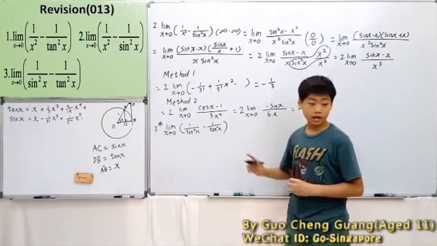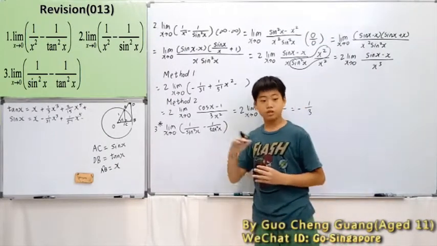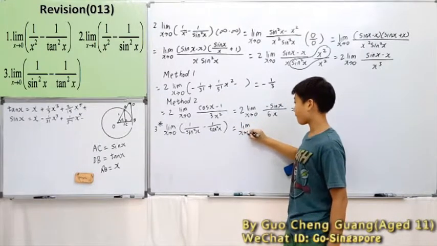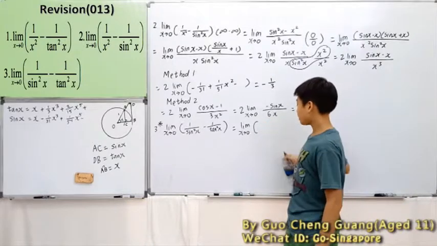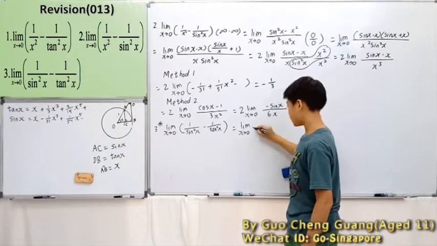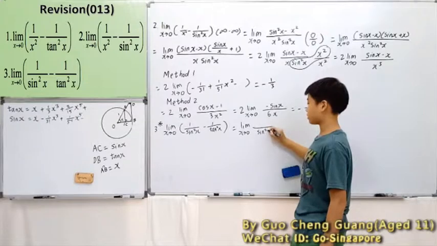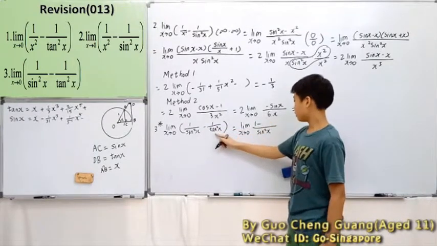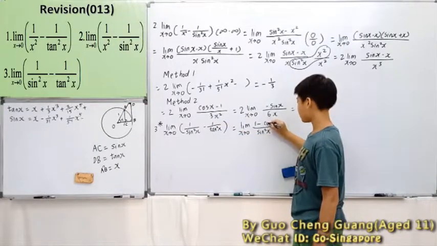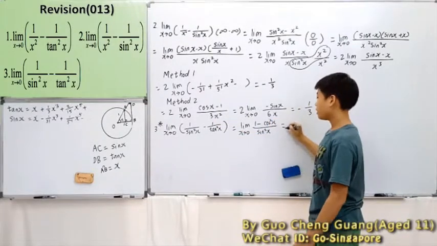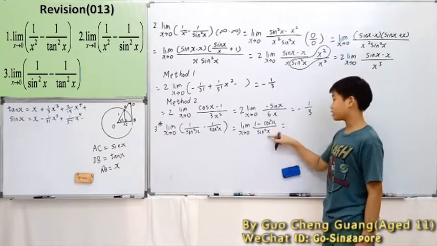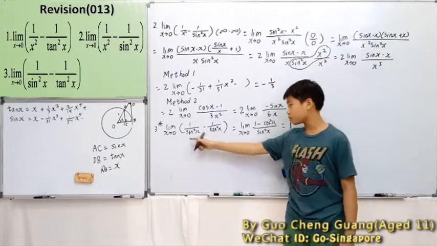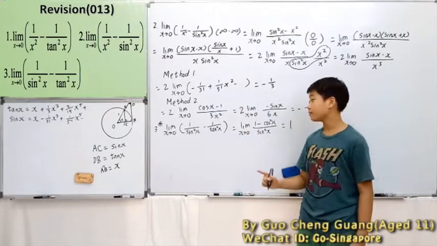Just this tangent square x, you become sine square x over cosine square x. And then you could actually get the same denominator. That is sine square x. Then up here, 1 minus, from this, you get an actual cosine square x. Then you get sine square x over sine square x. And that's a 1.